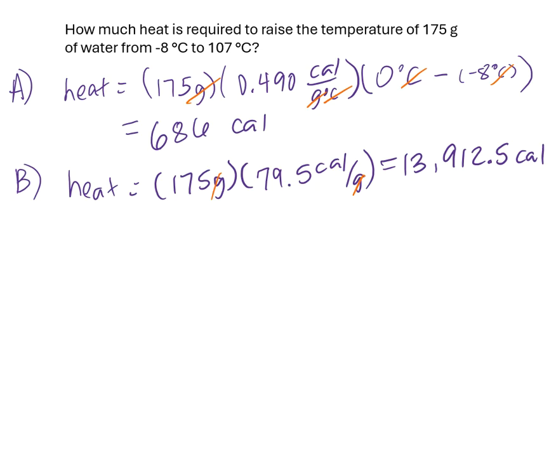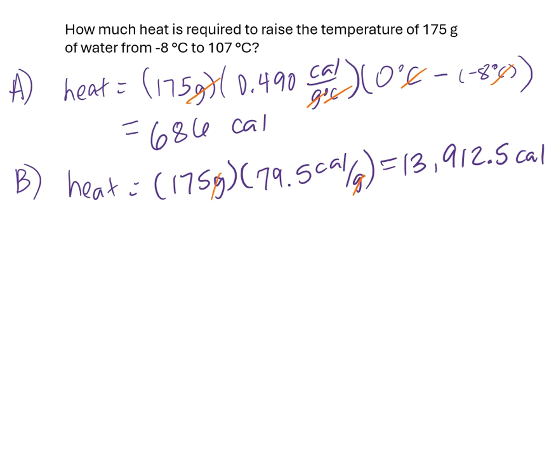If we were to add the 2 values that we already have, then we would actually have the amount of energy it needs to completely melt 175 grams of this water that began at -8 but ended up at, in this case, if we stopped, 0. But that's not what the problem asked us.